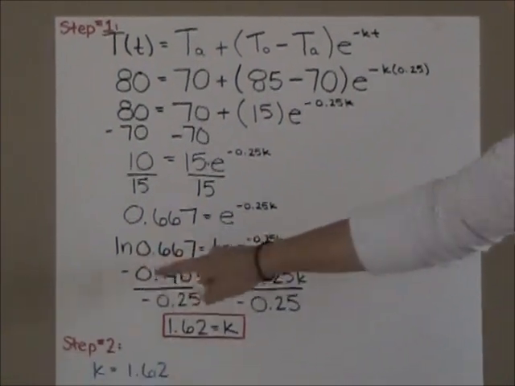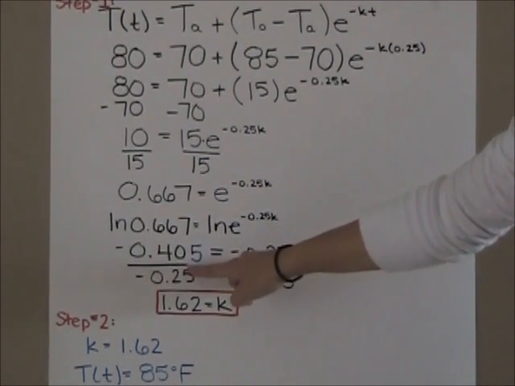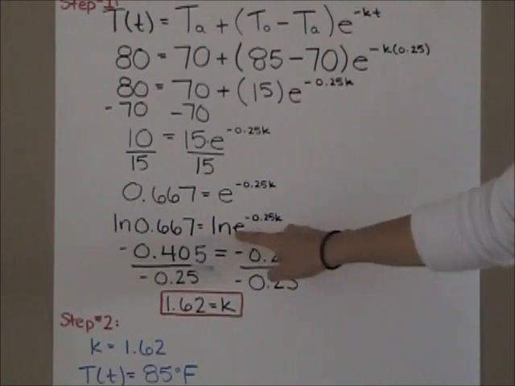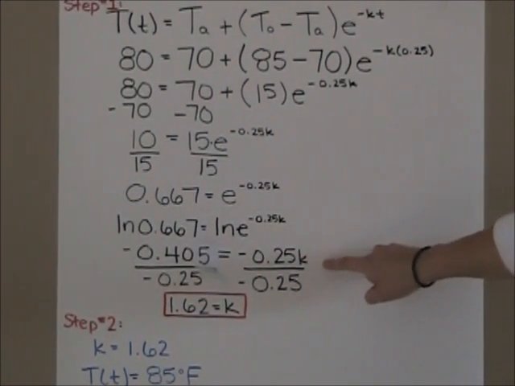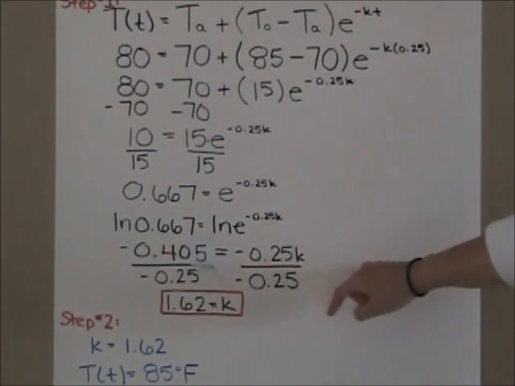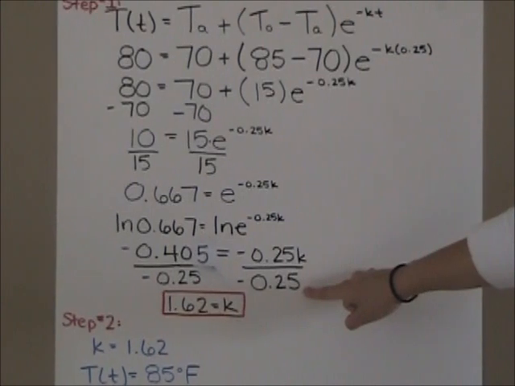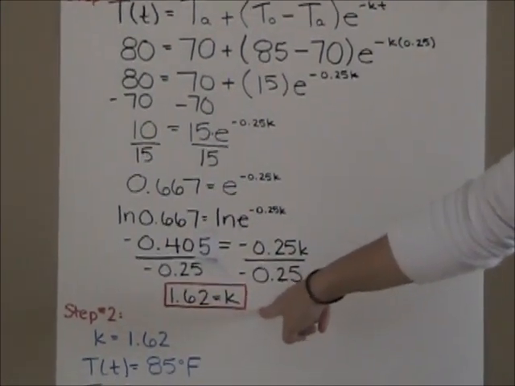And the ln of 0.667 is negative 0.405. And ln and e cancel out and it leaves the negative 0.25k all by itself. Then to get k completely by itself, you got to divide by the negative 0.25 on both sides. You get k is 1.62.